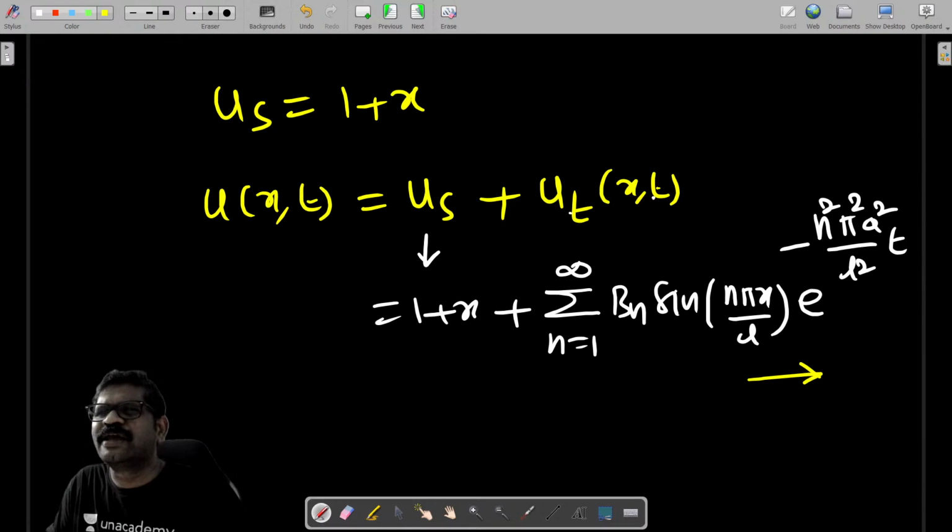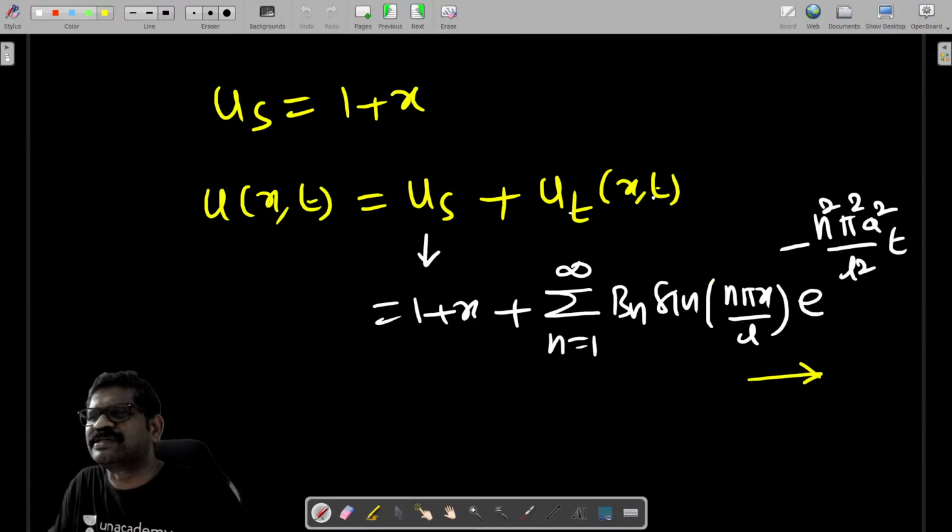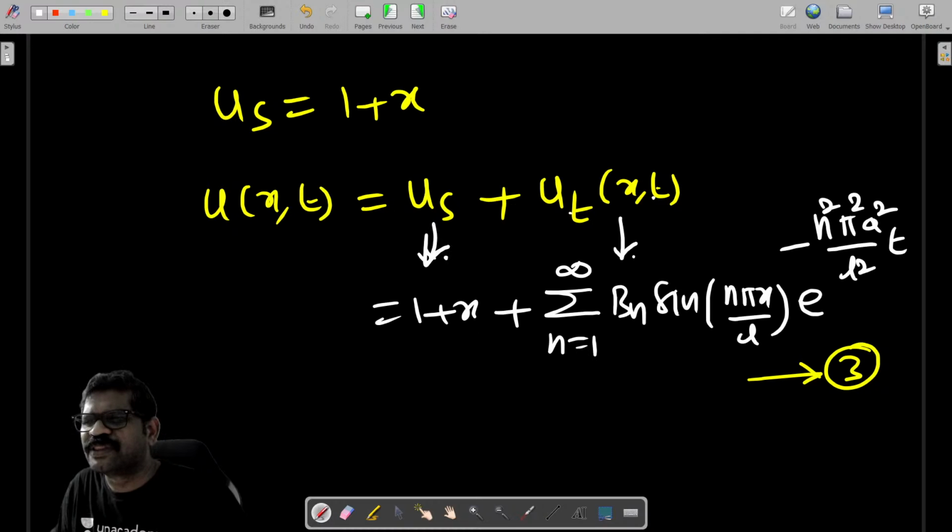Earlier you have equation 1, equation 2, this is equation 3. This is the transient state, this is the steady state. Now in our problem, you have to substitute the L value and the a² value, then write equation 3.